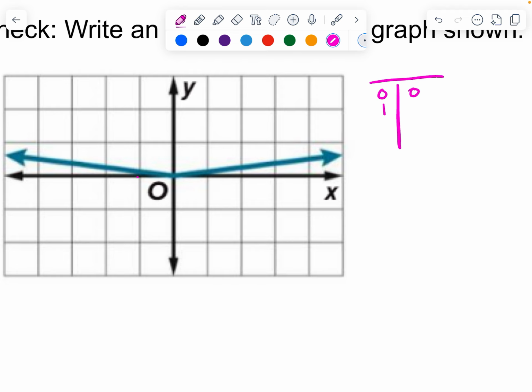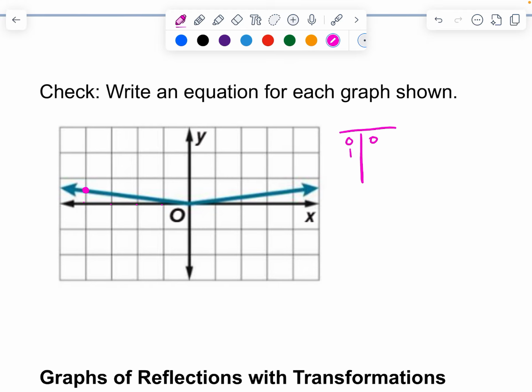Let's see, 1, 2, 3, 4. 4 looks about halfway, doesn't it? It's about, sorry, my voice.